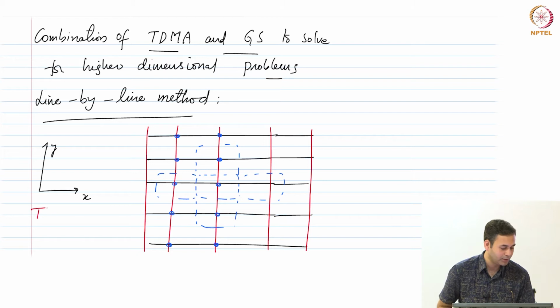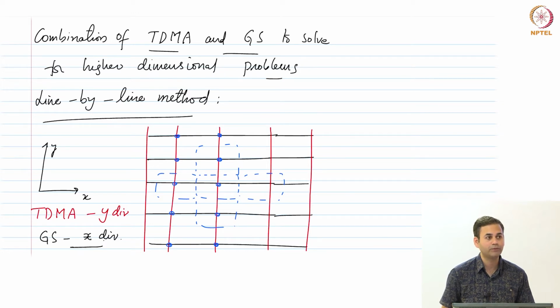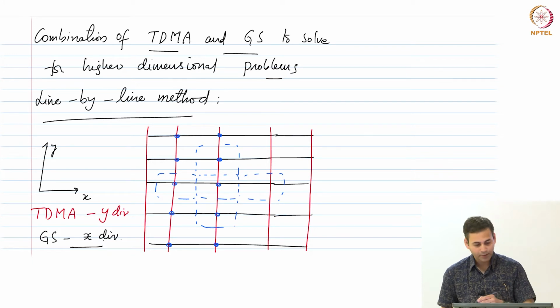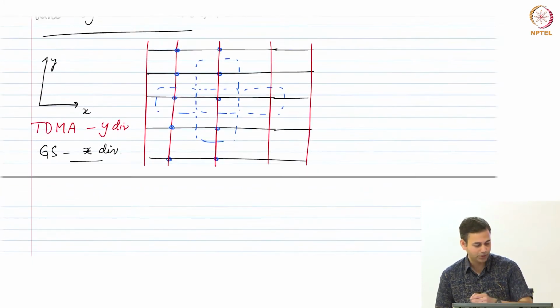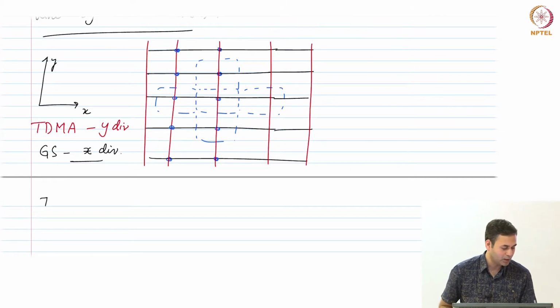So essentially solve TDMA along y direction, along the red lines, and use Gauss-Seidel along the x direction, fine. So that is what we mean by a line by line method. We go from one line to another line, and then I would use another kind of terminology here, I use two terms, one is called traverse direction and the other one is called sweep direction, okay.